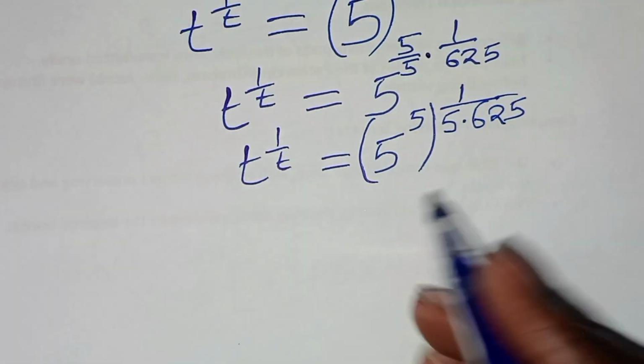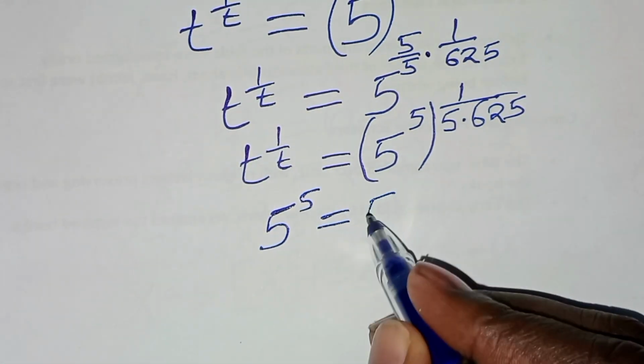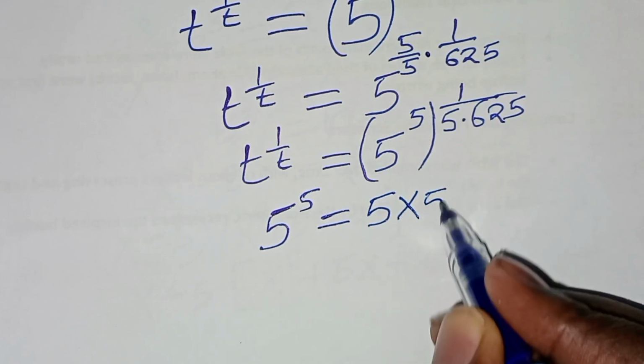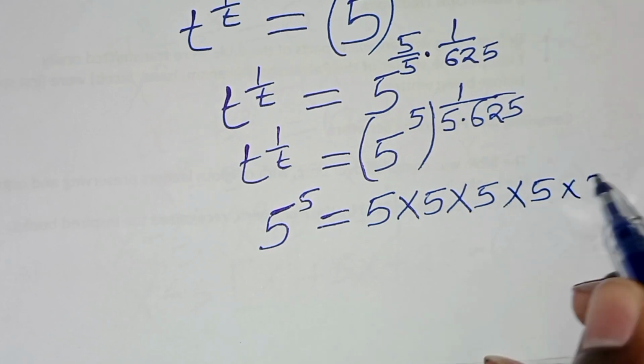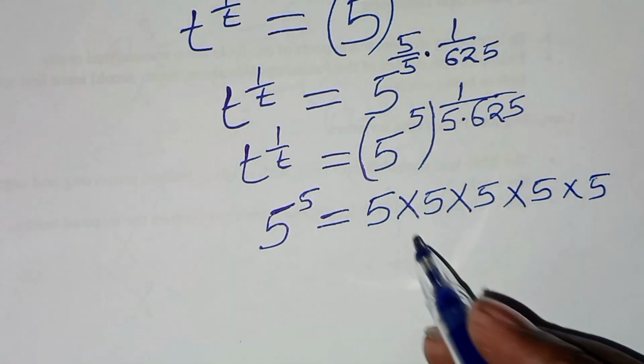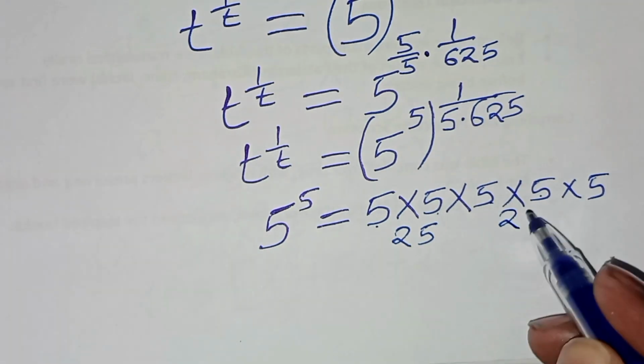Now 5 to power 5 is the same as 5 times 5 times 5 times 5 times 5. 5 times 5 is 25, and 5 times 5 is 25.